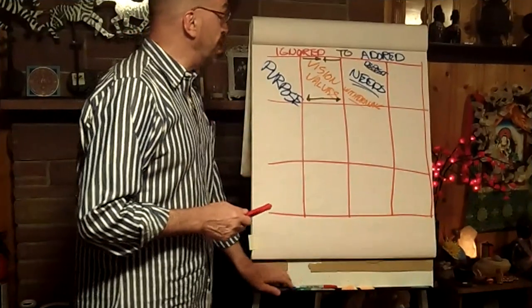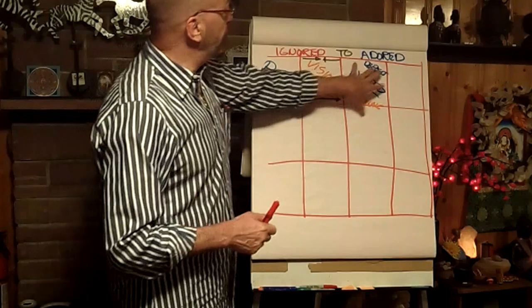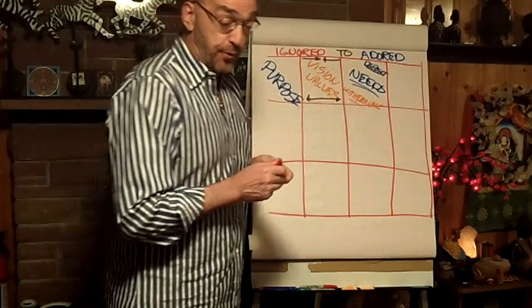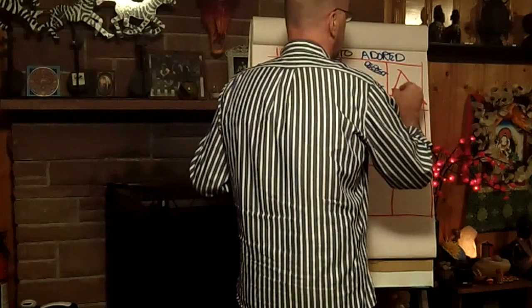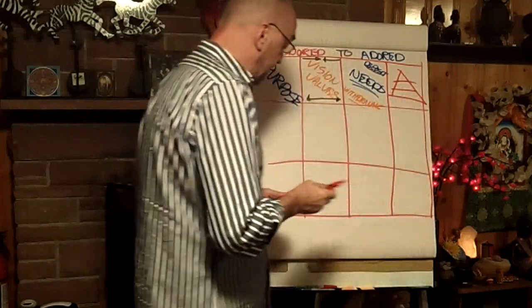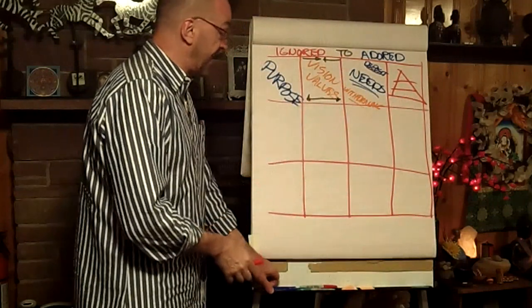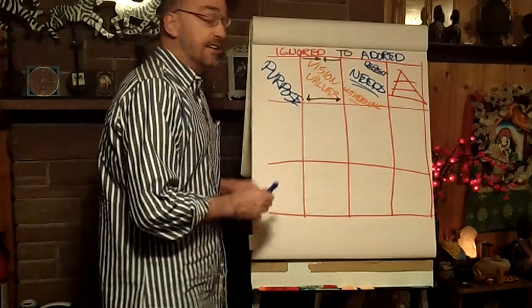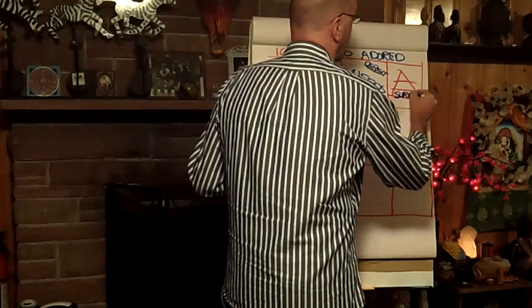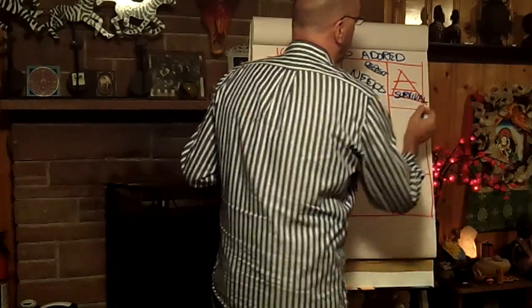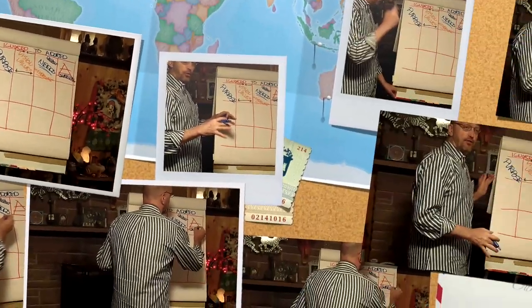So we have vision and values, we have the needs, and then the last one here is that there are 3 types of relationships, and this will tie in really clearly in a second. The first type of relationship is about survival.